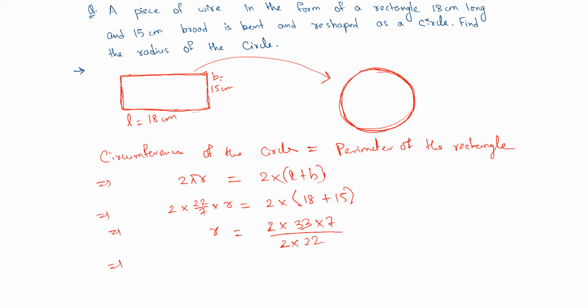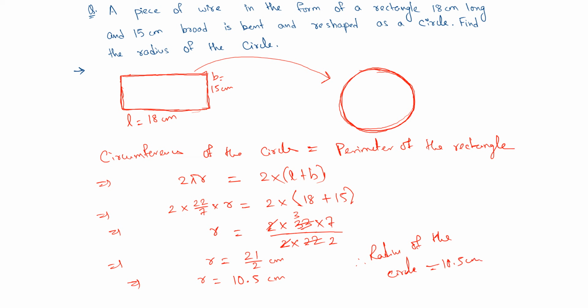After simple calculation, 11 2s, 11 3s, 2 and 2 will get cancelled. Radius is 21 by 2, which on calculation gives 10.5 centimeter. So you can write, therefore radius of the circle equals 10.5 centimeter.